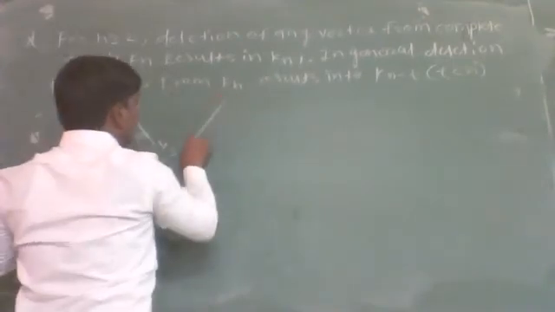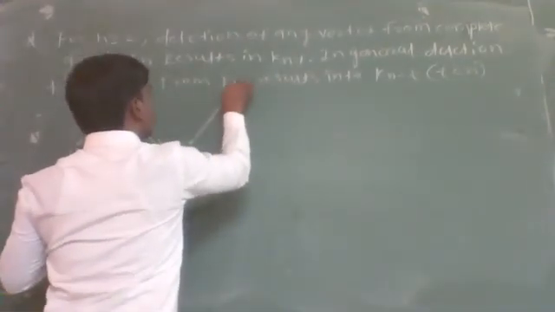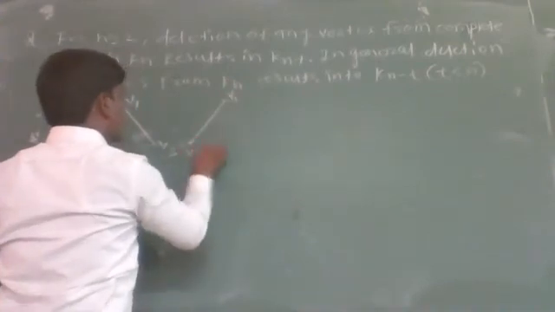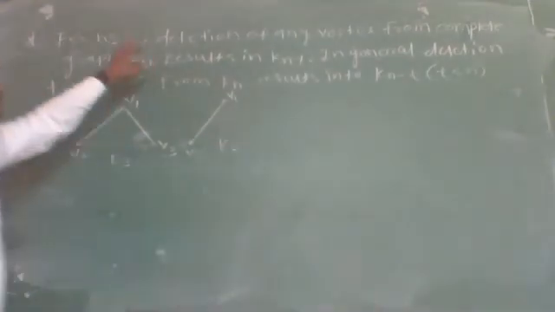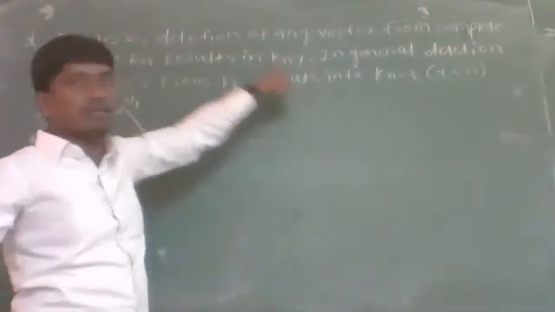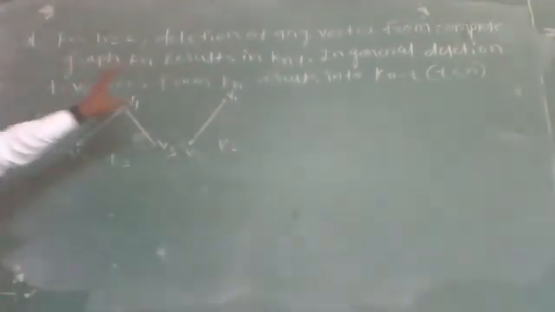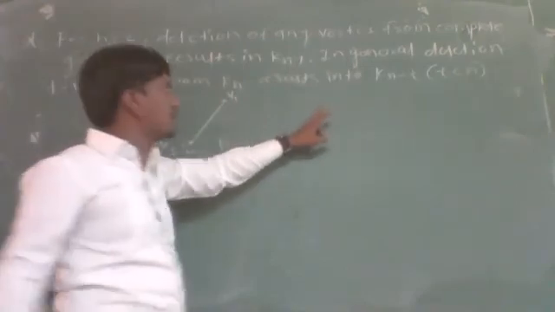Then it becomes V1 to V2, and this one is nothing but the graph K2. So the first statement is true: deletion of any vertex from a complete graph Kn results in Kn minus 1, and in general, deletion of any t vertices from Kn results in Kn minus t, where t is less than n.